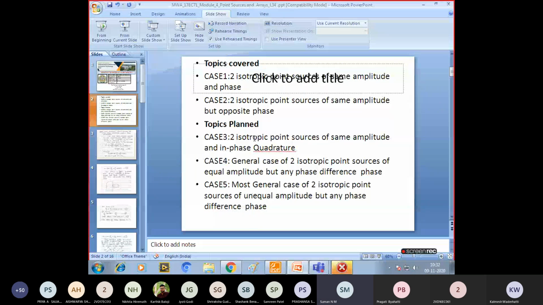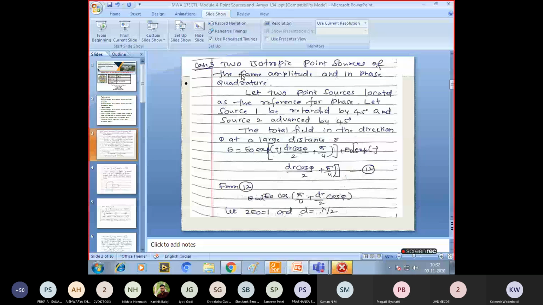Here the two isotropic point sources have the same amplitude and are in phase quadrature. What is phase quadrature? In phase quadrature, source 1 will be retarded by 45 degrees and source 2 will be advanced by 45 degrees.